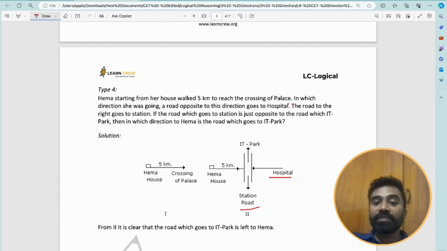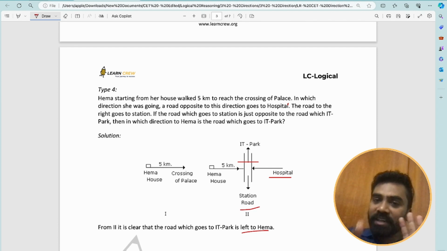If the road which goes to the station is just opposite to the road which goes to the IT park, then in which direction to Hema is the road which goes to the IT park? Obviously, Hema's left hand side is going to be the IT park. That's all. The IT park is to the left of Hema. As simple as this. Now these are some different questions.